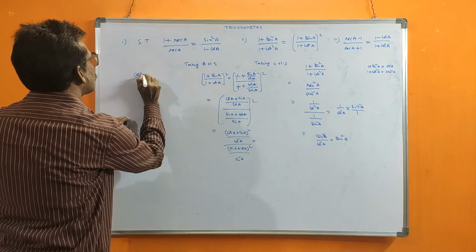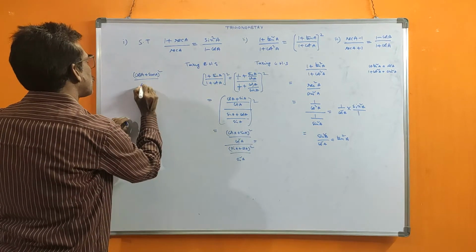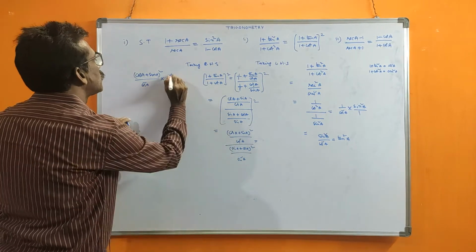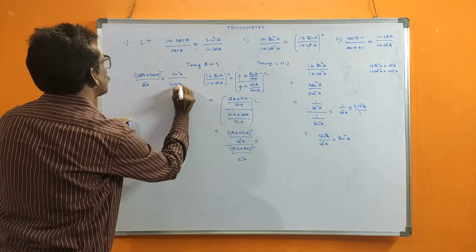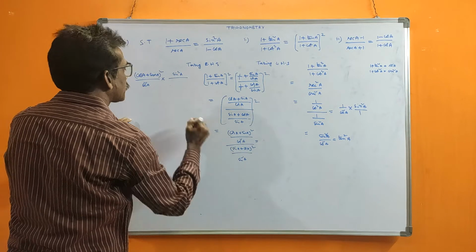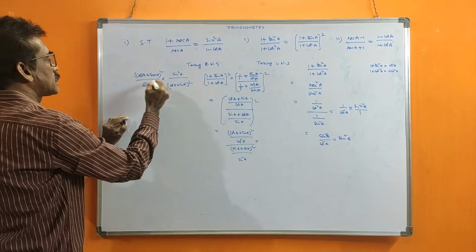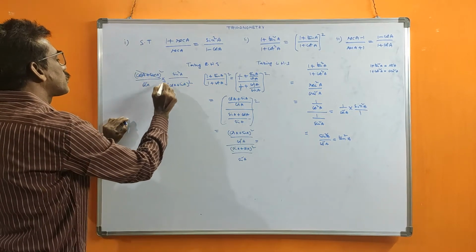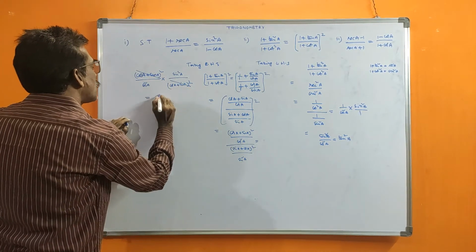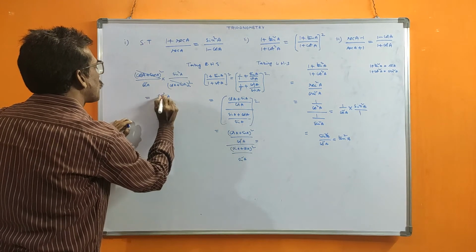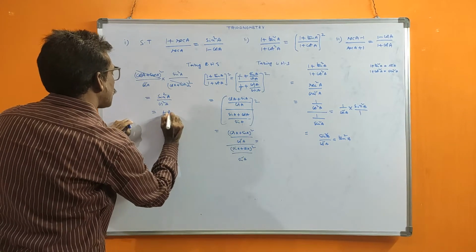This cos A plus sin A whole square by cos square A, into the reverse, means sin square A by sin A plus cos A whole square. I will write cos A plus sin A, both are the same. Now you can easily understand: cos A plus sin A whole square, cos A plus sin A whole square, totally cancelled. Remaining terms are sin square A by cos square A. We know sin by cos is tan, so tan square A.